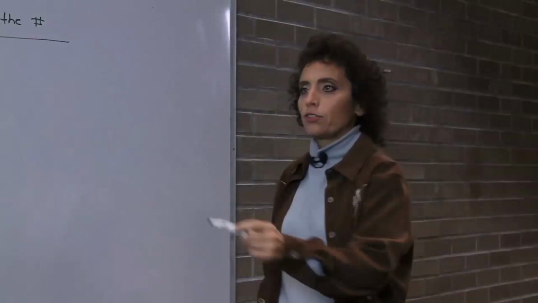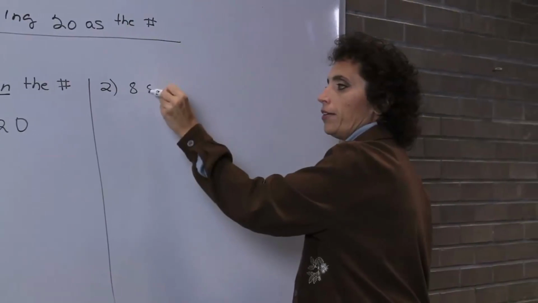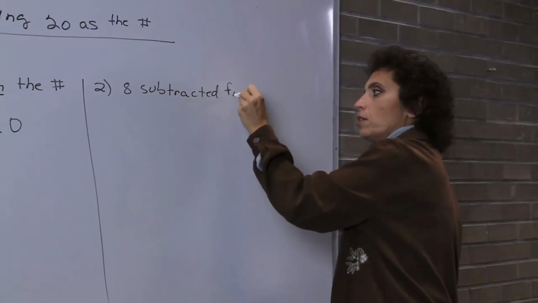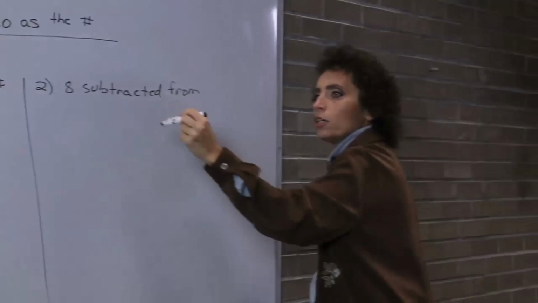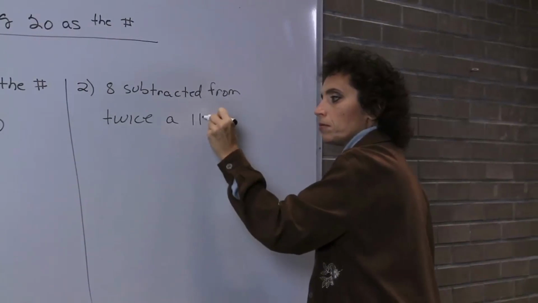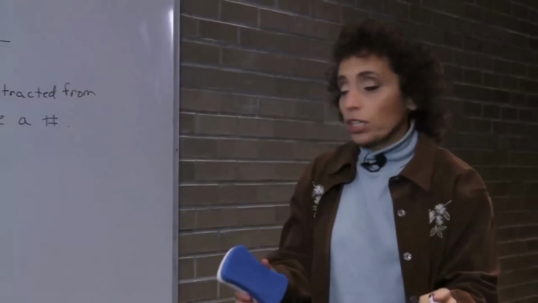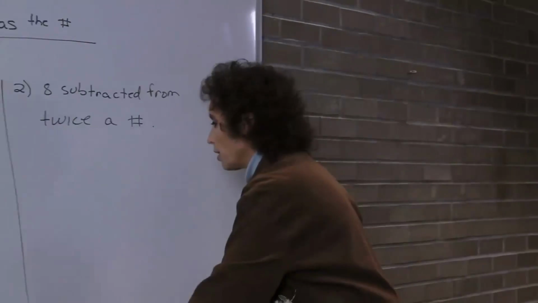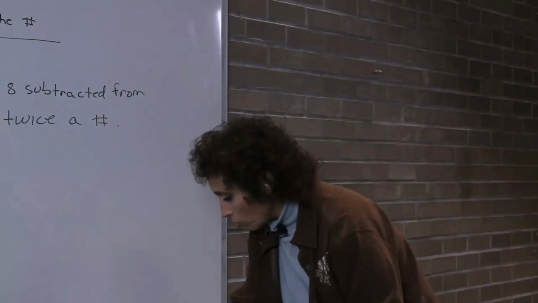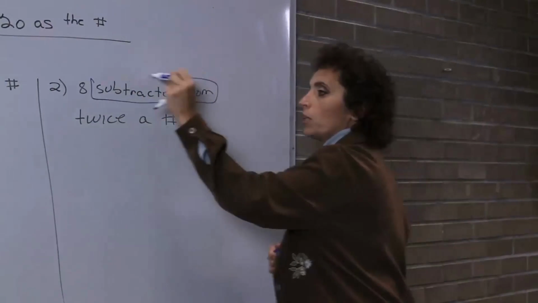Okay, let's look at number 2. 8 subtracted from twice a number. Okay. A couple of keywords here. One keyword is subtracted from, or just from, if you want, because from means I'm going to subtract, but subtracted from is the whole key phrase here.